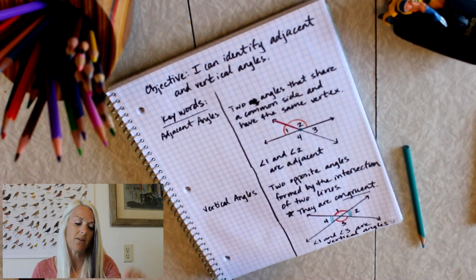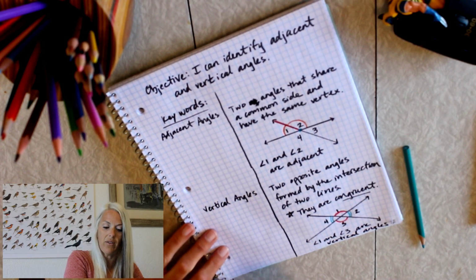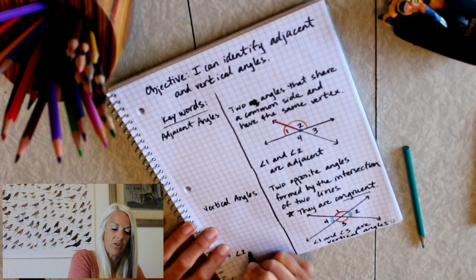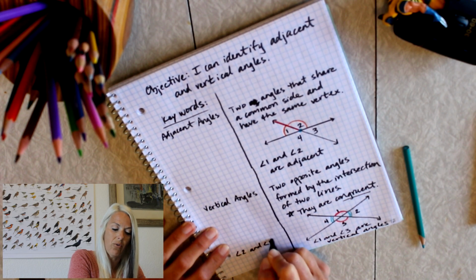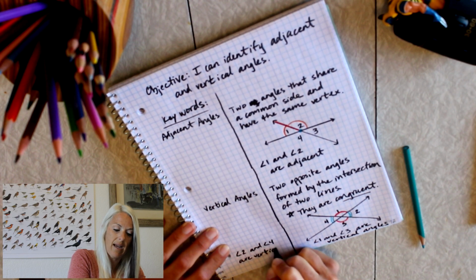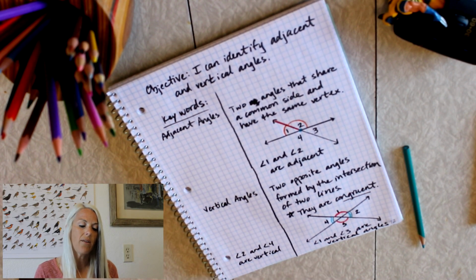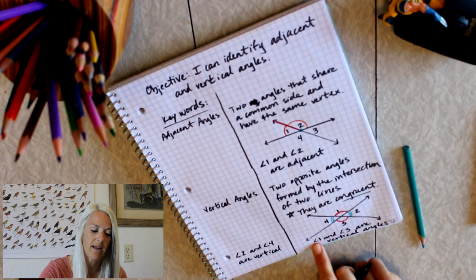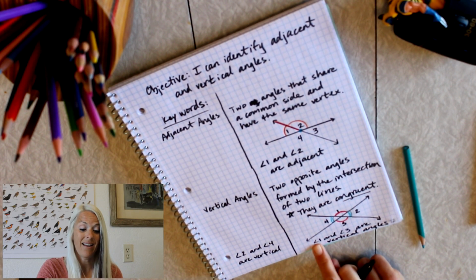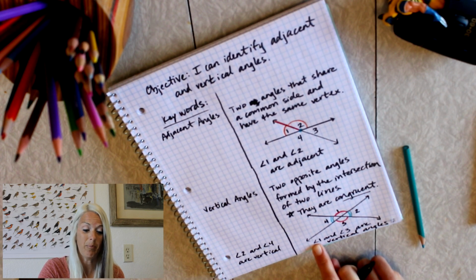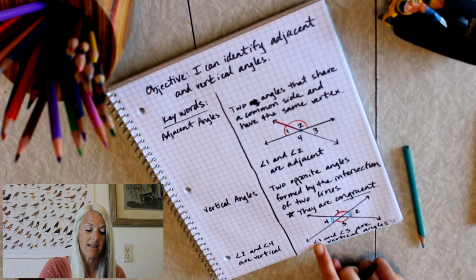But then we can also state, and we'll just do it over here, that angle 2 and angle 4 are vertical as well. So the other sign I didn't really point out, but hopefully you're just kind of accepting, is this looks like a less than sign, but we use that as an angle sign in math as well.